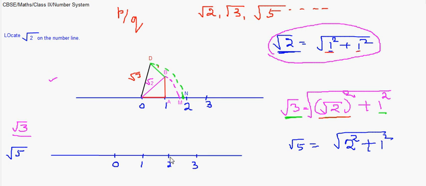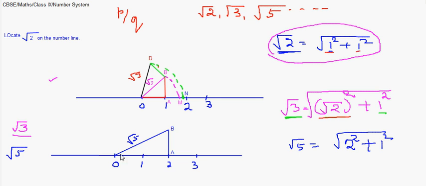So this is 2, and I'll take 1 here. And I join O to this point. Maybe I name this as I did in the previous one, this being A, that's B. So in this figure now, OB is representing root 5.